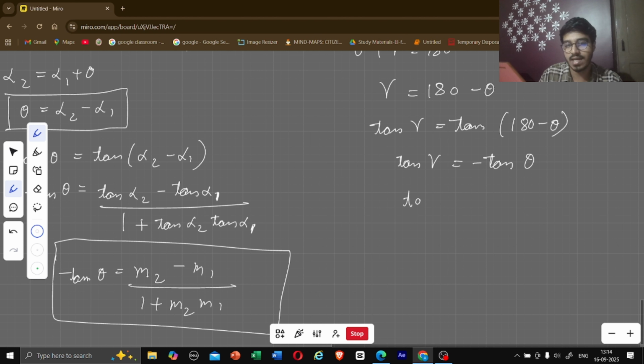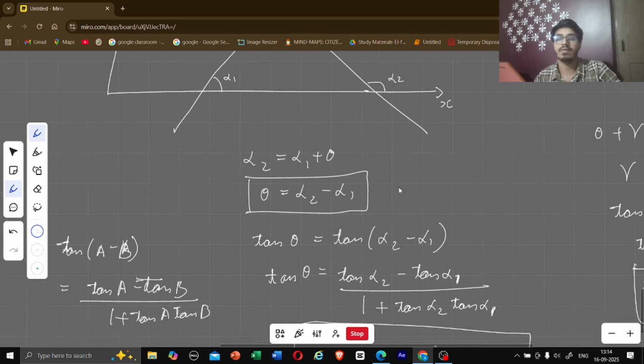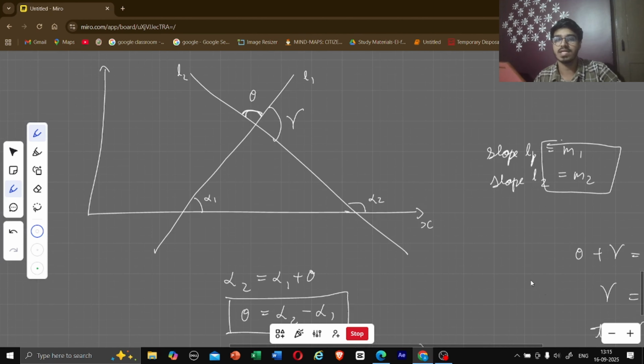So, tan gamma is equals to, apply this, minus of m2 minus m1 whole divided by 1 plus m2 m1. So, if we know the slopes of the lines m1 and m2, we can find the angle of intersection.